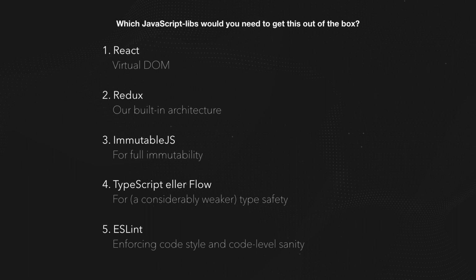You would need immutable.js or some other immutability library to have immutable data. You would need TypeScript or Flow to get type safety, but considerably weaker type safety than you would have with Elm. And lastly, maybe ESLint or some other code formatting, code style tools to avoid you landing in one of the many pitfalls of Elm, with JavaScript.